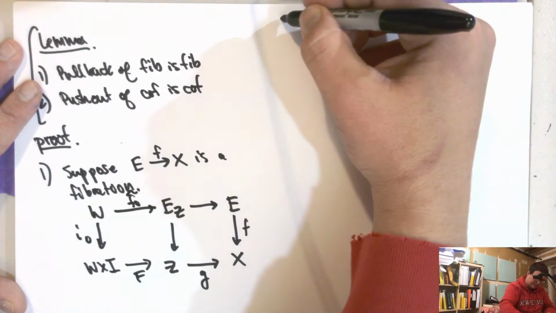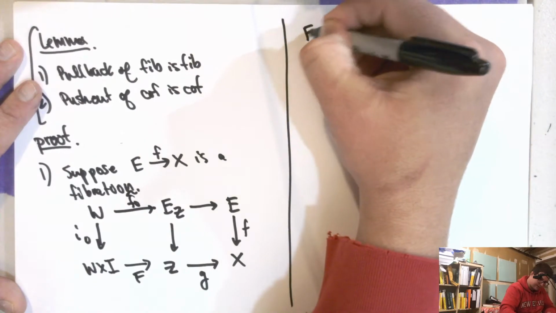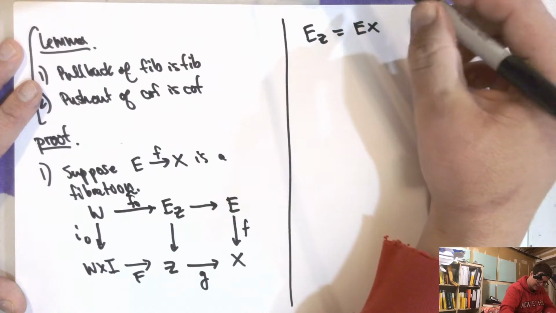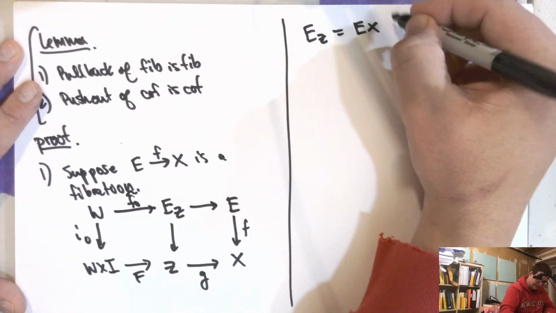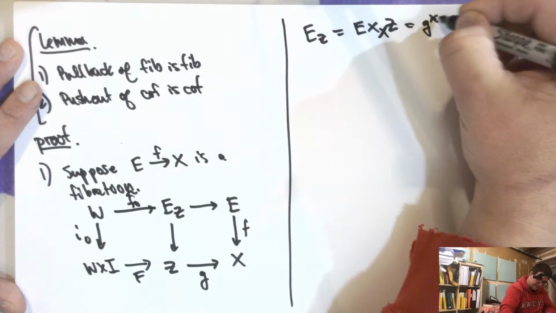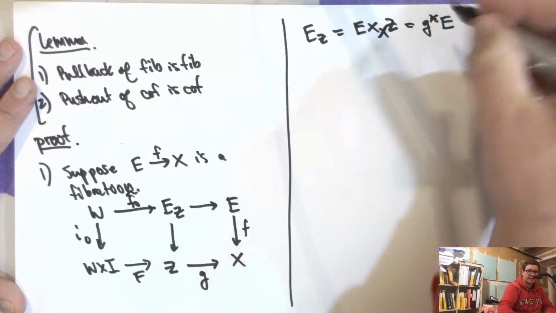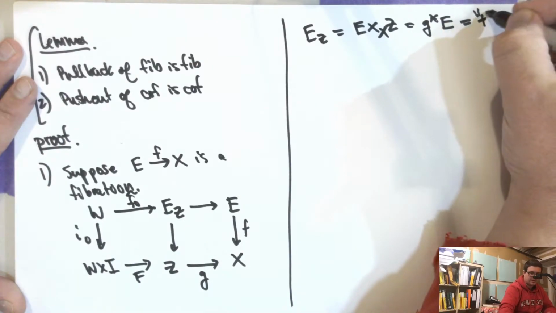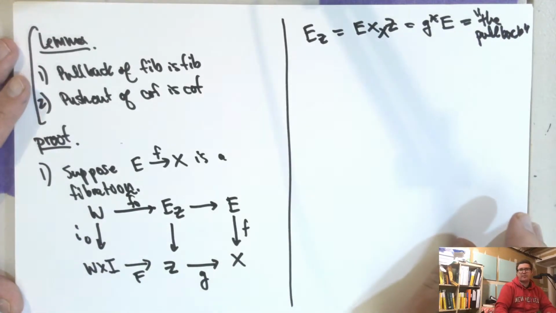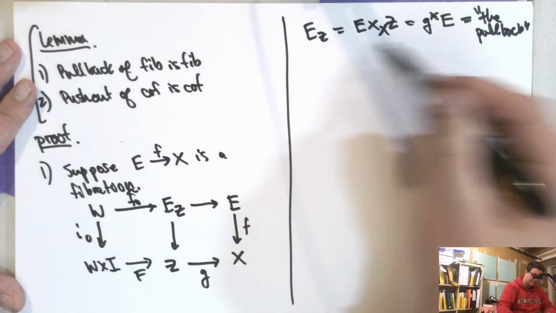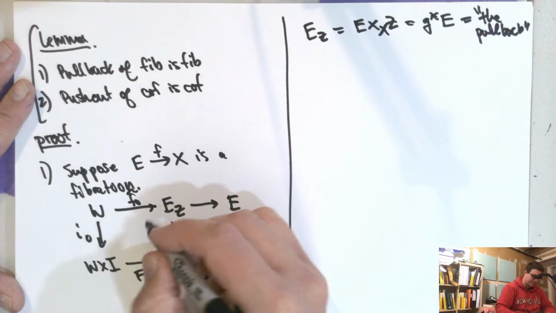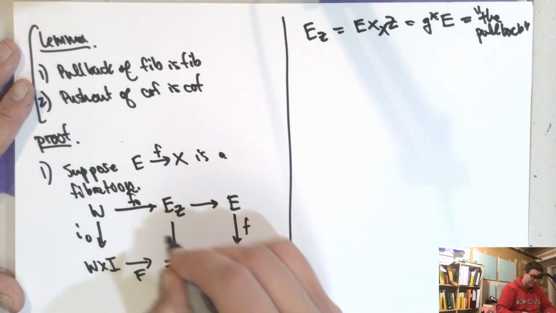For clarity, let me write down the notation. E_Z is E cross Z over X, and sometimes this is called G star of E. This is the pullback, and it really comes with the map, so we could call it G subscript Z if we wanted to.